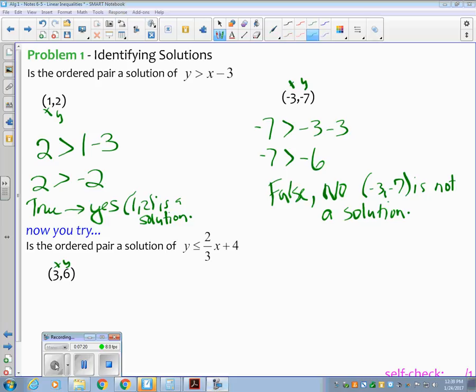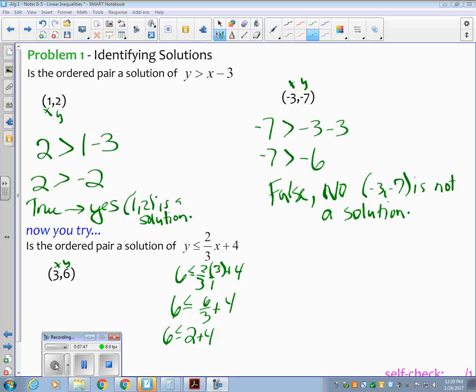All right, so we are going to put in 6 for the y and 3 for the x. That's like multiplying by 3 over 1. So that's 6 less than or equal to 6 over 3 plus 4. 6 over 3 is 2, plus 4.